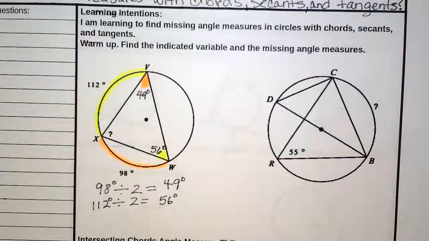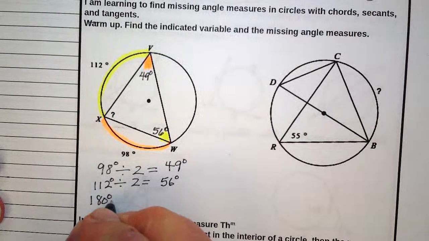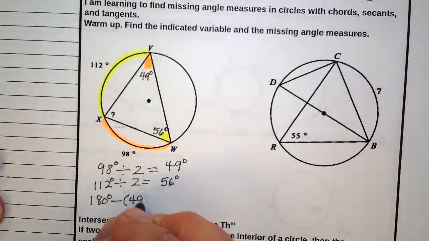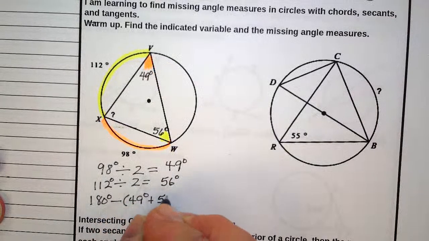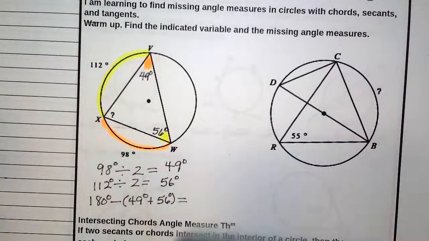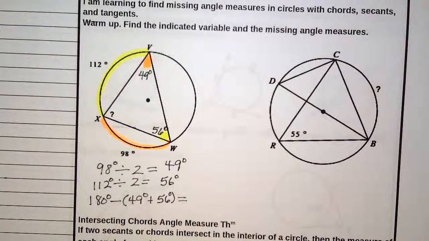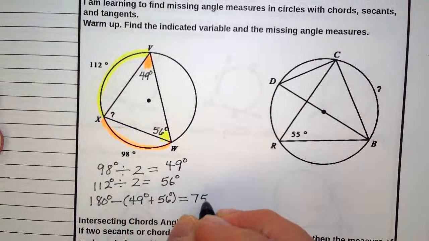We know 2 of them, and we can find the third one easily. 180 degrees minus 49 degrees plus 56 degrees equals... Okay, so I've got in the calculator, I end up with 75 degrees. So this is 75 degrees.